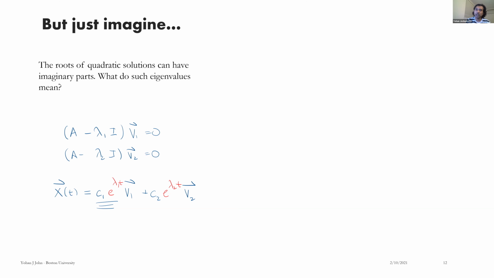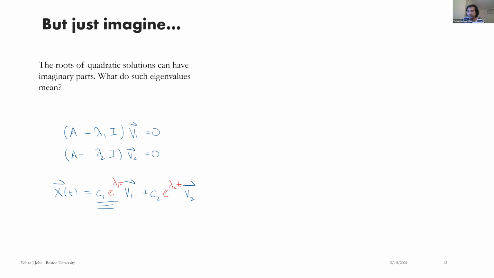And then you can write the general solution to the differential equation as a linear combination of the two eigenvectors multiplied by that exponential scaling factor, which you should recognize from the simple case. So this is another sense in which linear systems are very simple to work with, because linear combinations of solutions are also solutions.